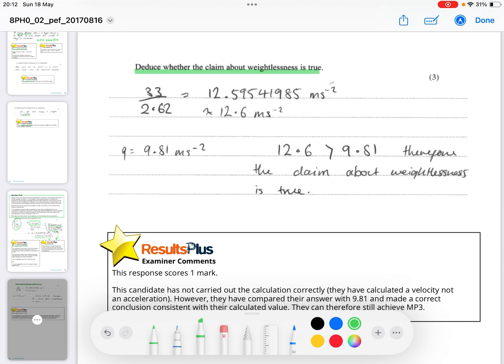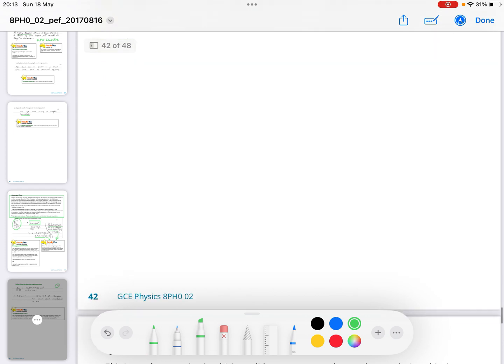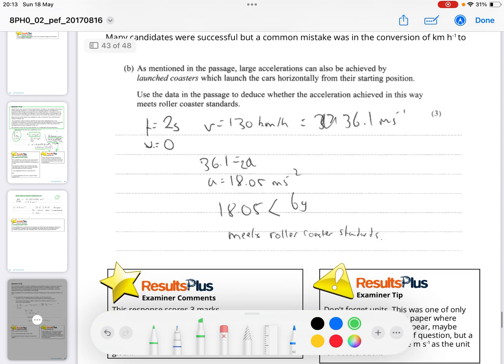It's a way of creating a force horizontally, if I remember correctly. So this time you've got to use SUVAT again, and this student's only got 1 mark for this 3-mark section. So why is that? And what did you do? They're going to give us a correct answer, presumably.